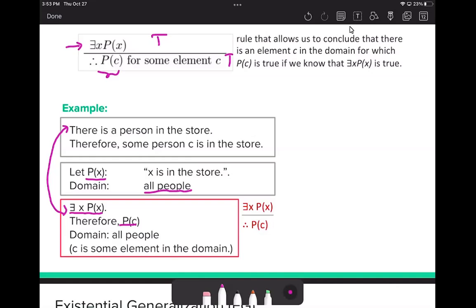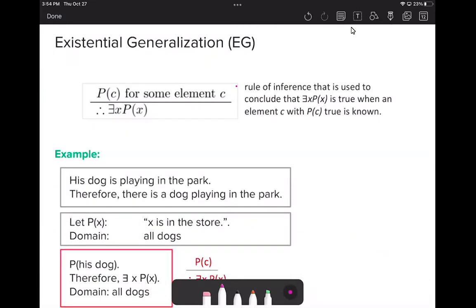Okay. Now we have existential generalization, or EG, wherein there is an element C for which P of C is true. Therefore, this existential quantification, there exists x, P of x, is also true.